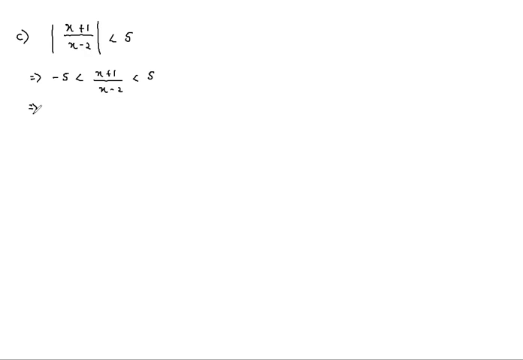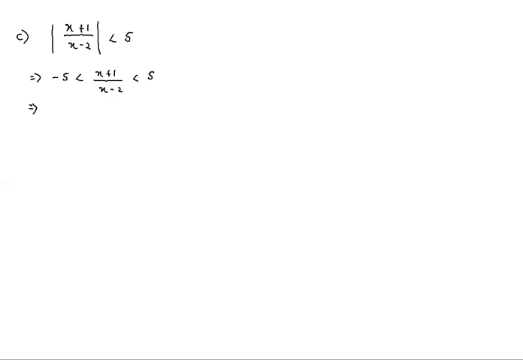The reason why we do not cross multiply is because we don't know the sign of this. And we must be very much aware that whenever we divide or multiply by a negative, the inequality will change. Because we don't know the sign of that variable down there, we don't know whether to change the inequality or not.